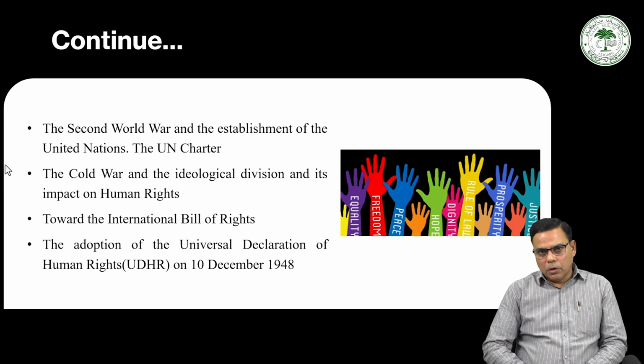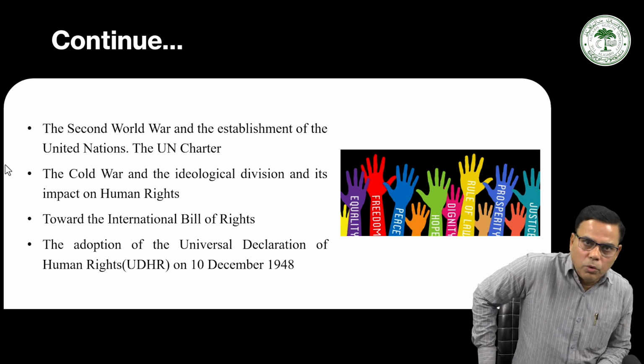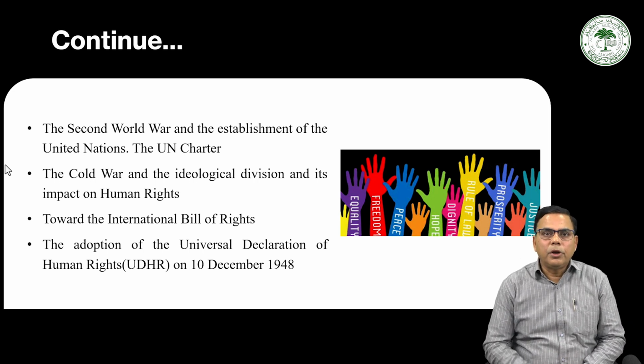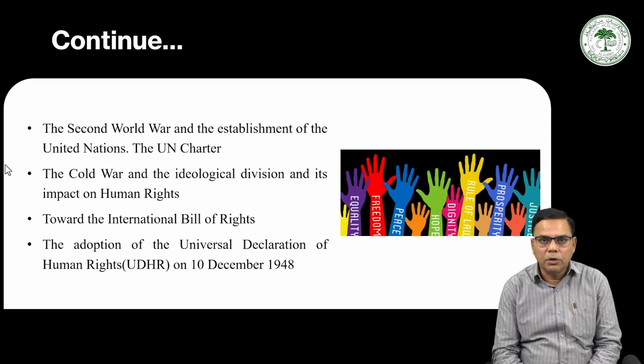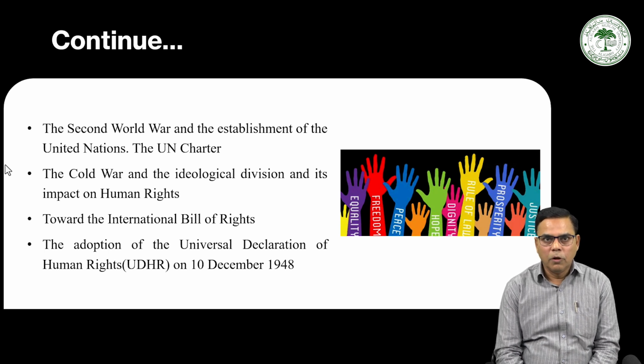But we can understand, this was just a beginning, and it created a kind of respectability and acceptability for certain human rights, and that played a very important role in other treaties and conventions that the United Nations adopted later on, because the countries and people were sensitized about these rights.